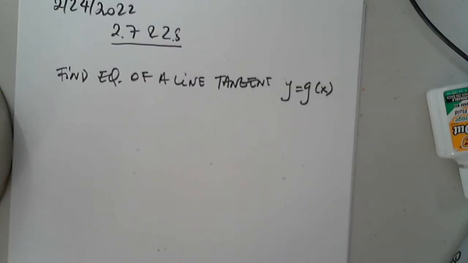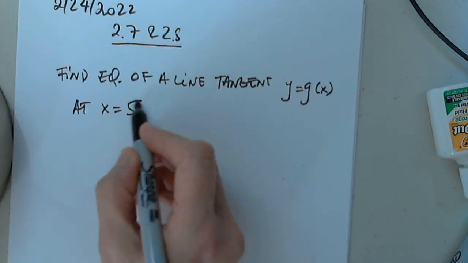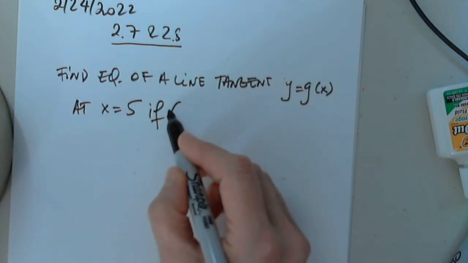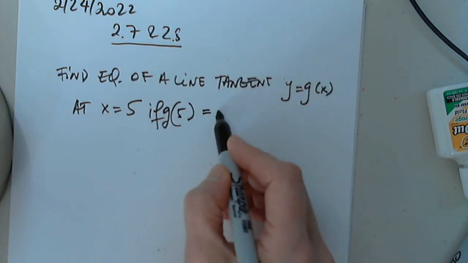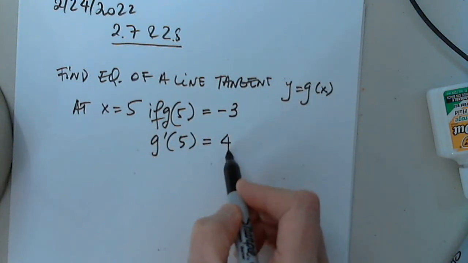Okay, so we want to find the equation of the tangent line to the graph of this at x equals 5 if g of 5 is -3 and g prime of 5 is 4.